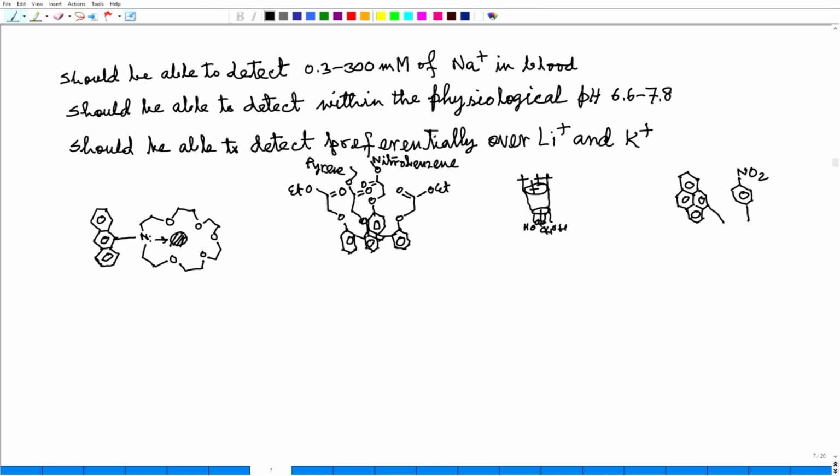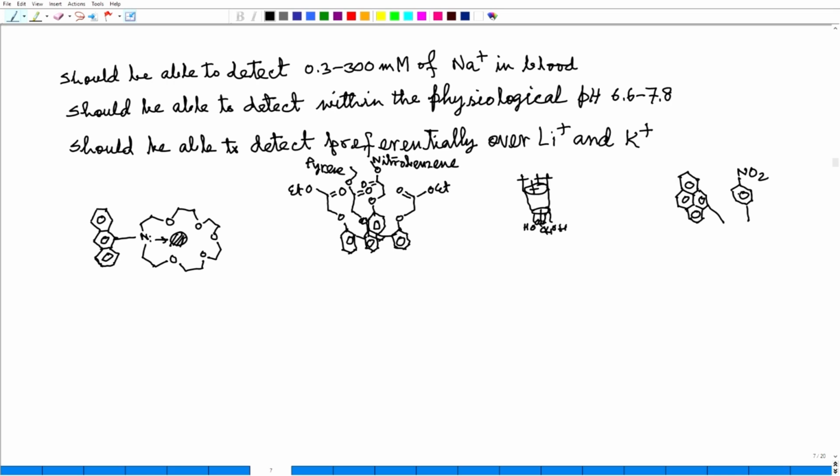When nothing is added, input is nothing, nil. At that time this pyrene is an electron rich pi system, and nitrobenzene is electron poor, because the nitro group is a very strong electron withdrawing agent.